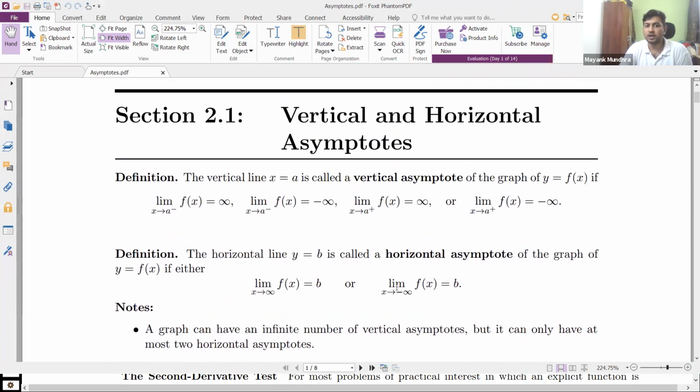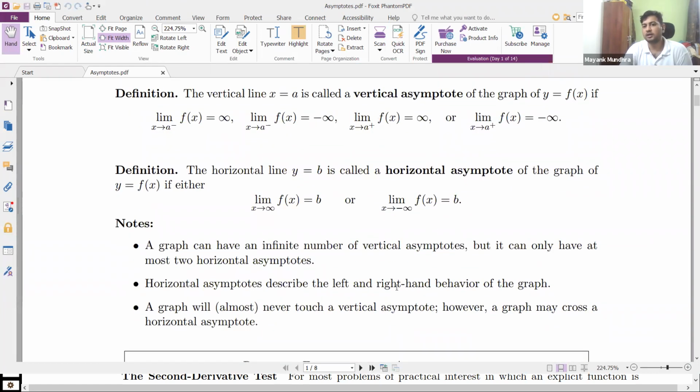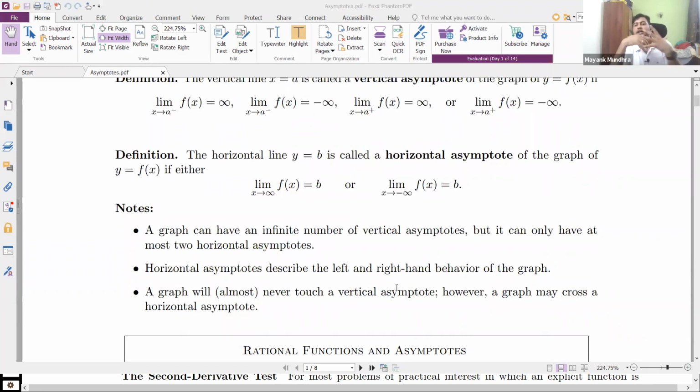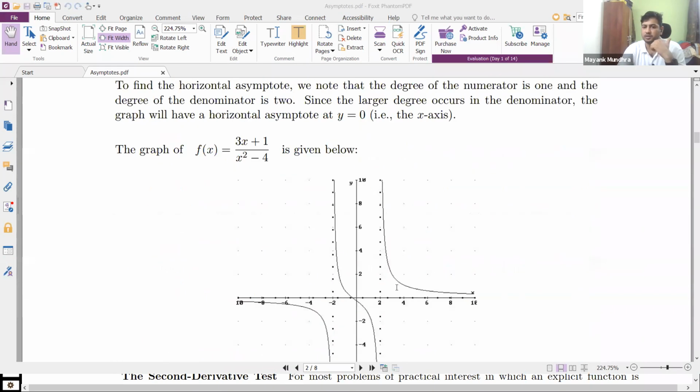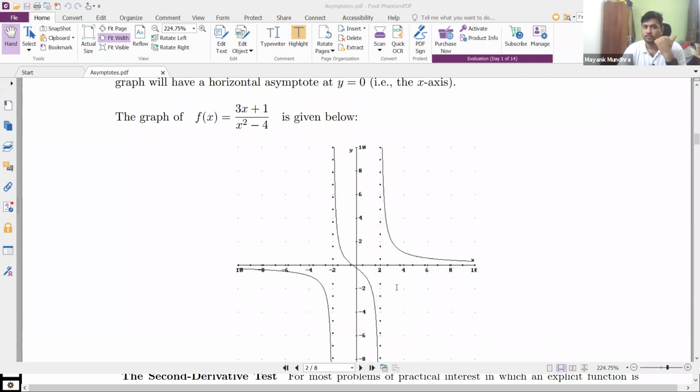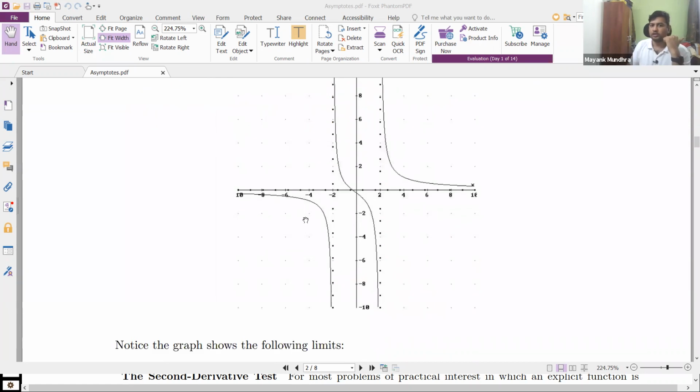Sometimes the graph of a function becomes similar to a straight line at infinities, or at some finite values also. For example, this is the graph of the function 3x plus 1 upon x square minus 4. At negative infinity it is going to be grazing along the x-axis from below.